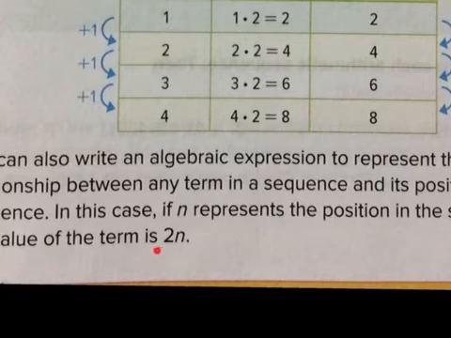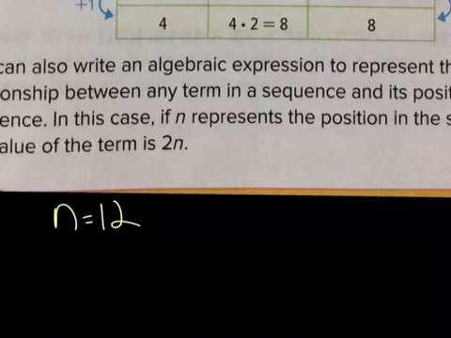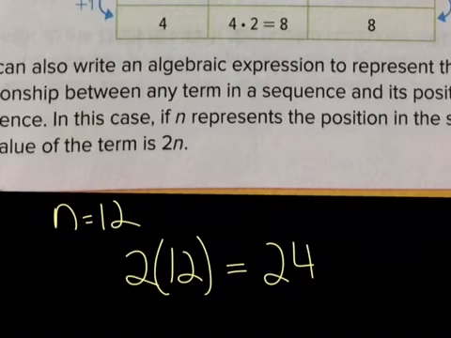We know the rule goes up by 2, but we don't know what position we're looking for. So we just say 2n. Let's say it's position 12, just to give a position. So n equals 12. We're looking for that position. We would have 2 times 12, and our number in the sequence, our term, would be 24.